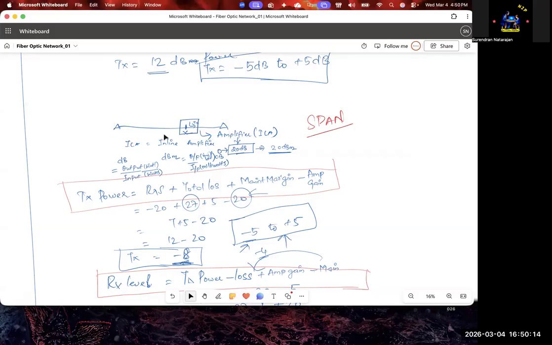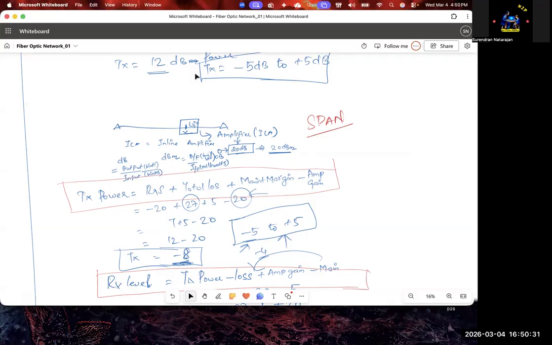So without an amplifier, there will be one span. With an amplifier, this is one span and this is also one span. So how do we calculate the length of the span?